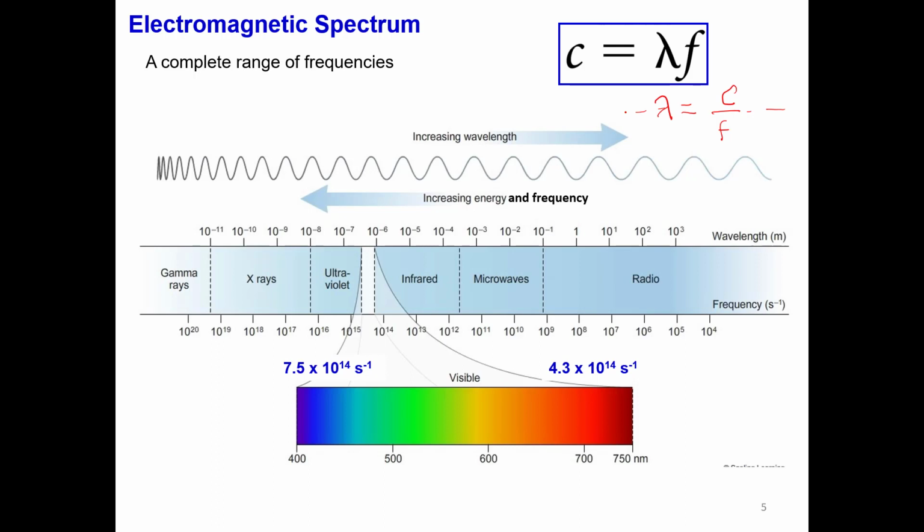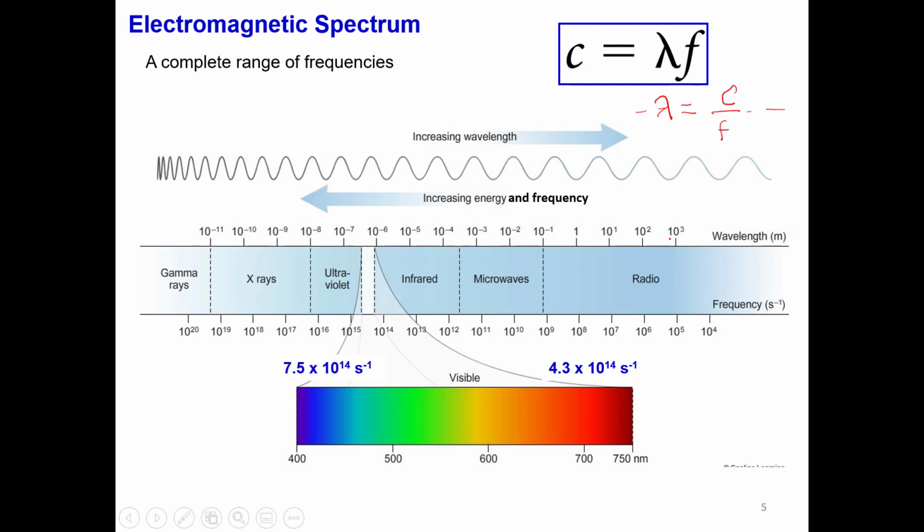If the frequency increases, the wavelength decreases. Because they are inverse, the wavelength in the case of radio signals is large. The distance between two crests is a really large value.